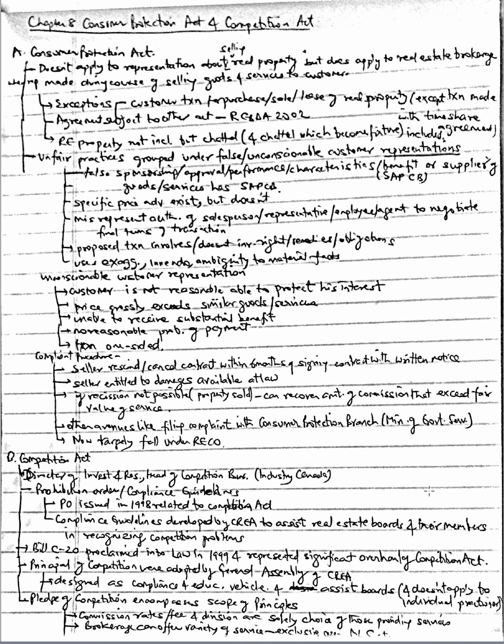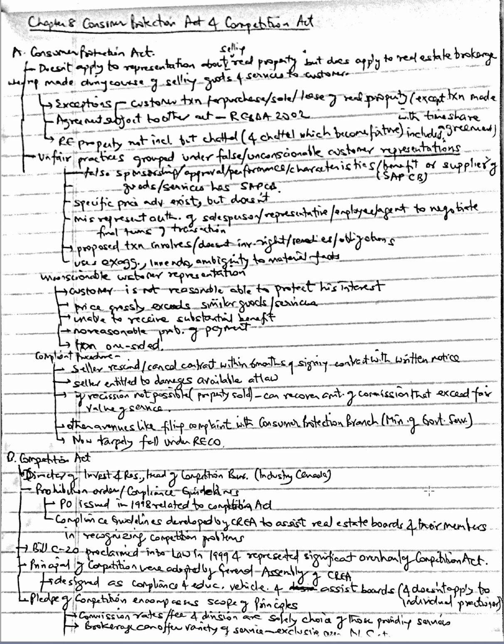A false representation includes false sponsorship, approvals, performance characteristics, and benefits of a good or service that it doesn't possess, a specific price advantage that doesn't exist, misrepresentation of the authority of a salesperson, representative, or employee to negotiate the final terms of the transaction, that the proposed transaction involves or doesn't involve rights, remedies, and obligations, and the use of exaggeration, innuendo, and ambiguity as to a material fact.